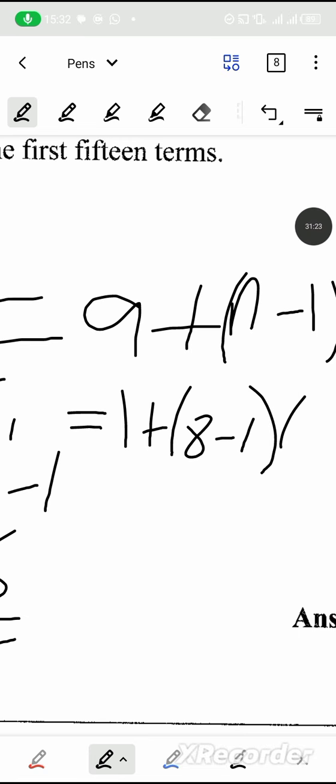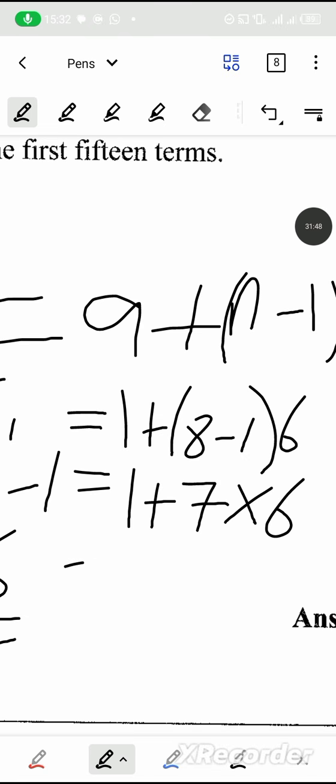We simplify what is inside the brackets: we have 7, times 6.